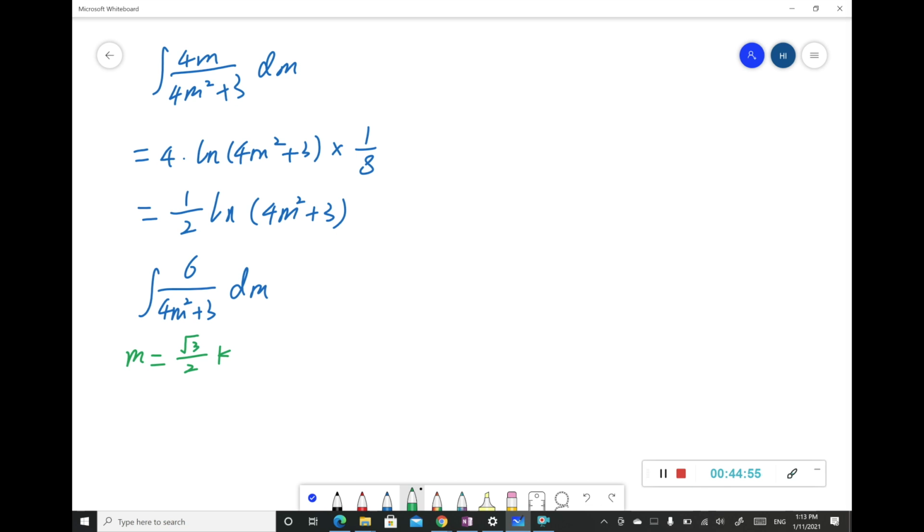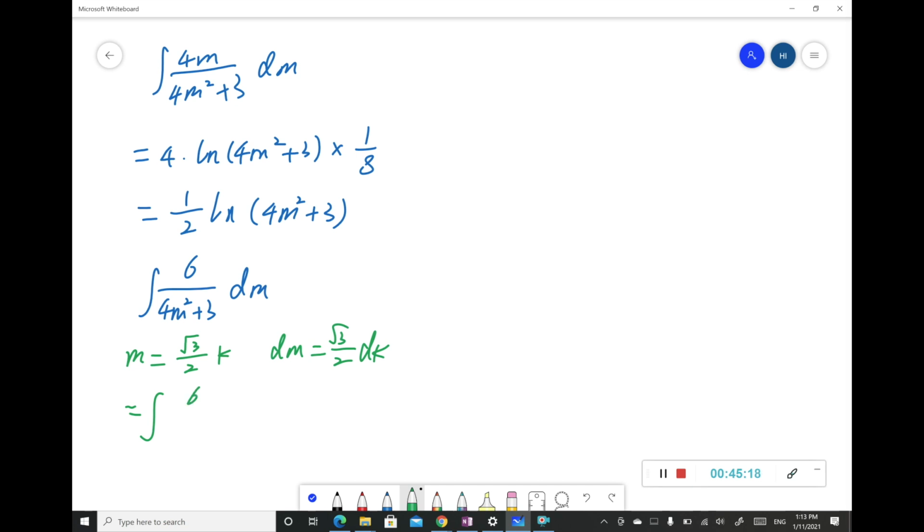So the equation will become dm equal square root 3 divided by 2 dk.